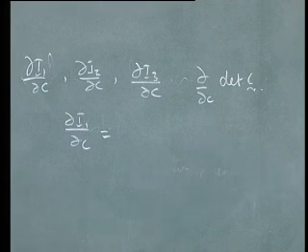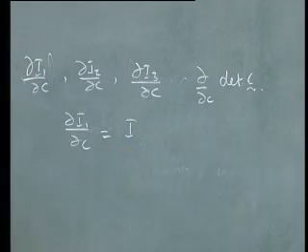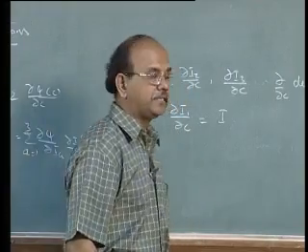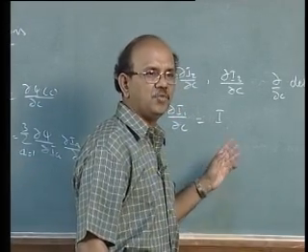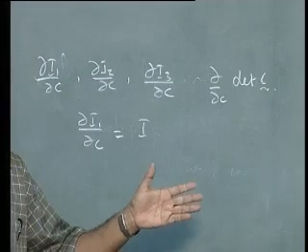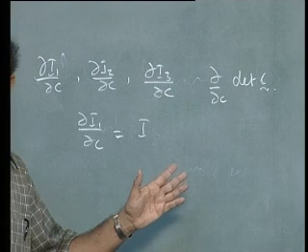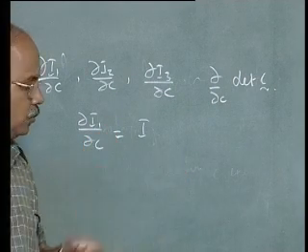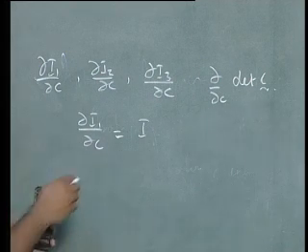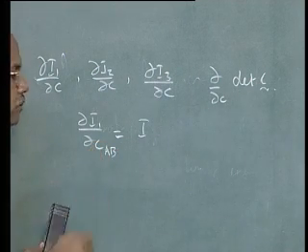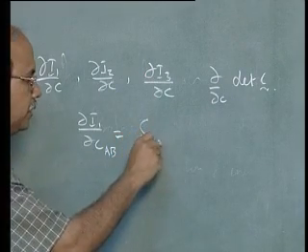Fantastic. So that is I, basically because trace of C means C11 plus C22 plus C33. That is what you will get for trace of C. So dou I1 by dou C_AB is equal to delta AB.